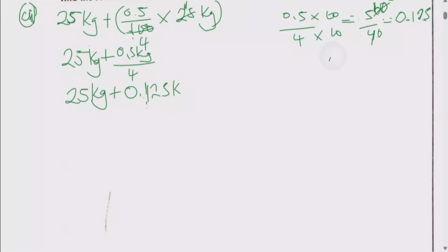So we say 25 kg plus 0.125, then 0 plus 5 gives us 5, 0 plus 2 gives us 2, 0 plus 1 gives us 1 point, then 5 plus 0 gives us 5, then 2 plus 0 gives us 2.